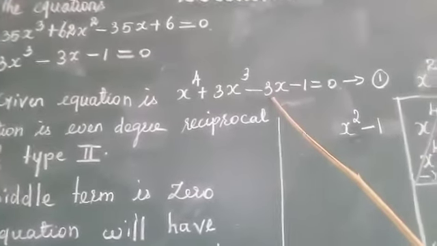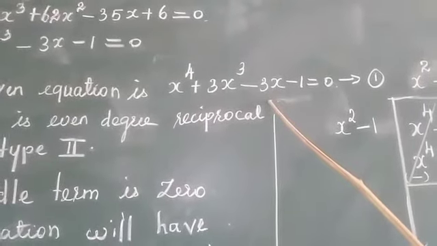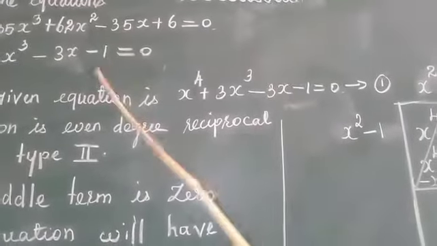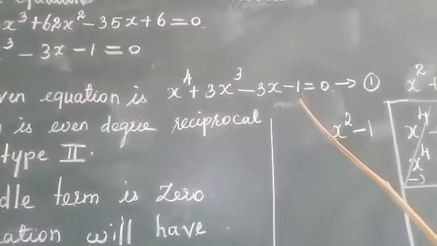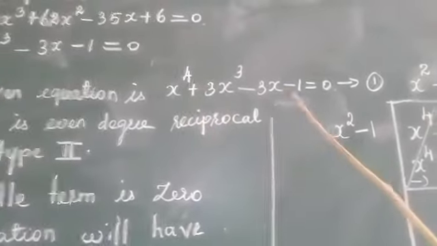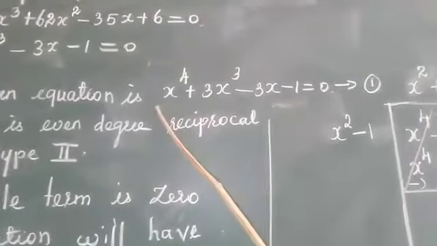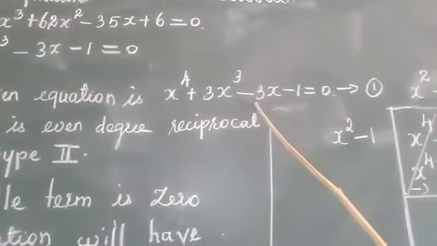Now we can see there is a little change compared to the first subdivision. In the first subdivision the coefficient signs were the same, but here it is different. This is plus and this is minus. In the same way, here this is plus and here there is a minus.